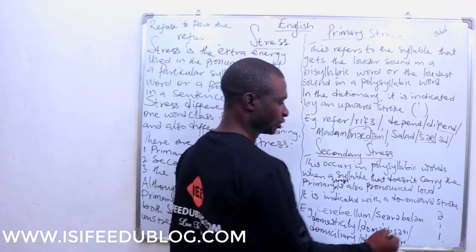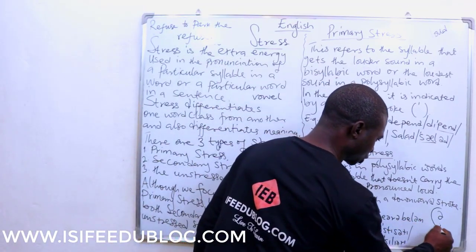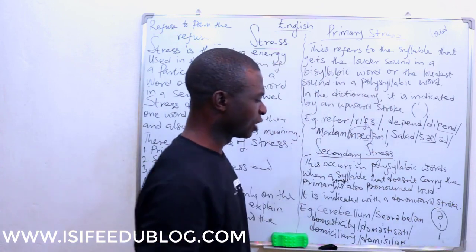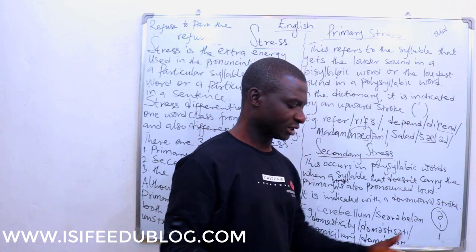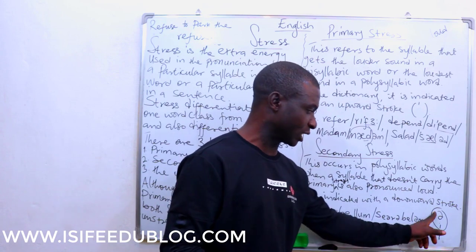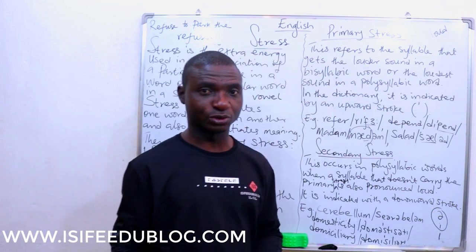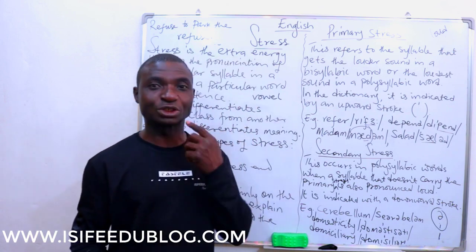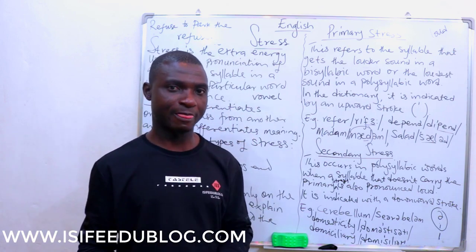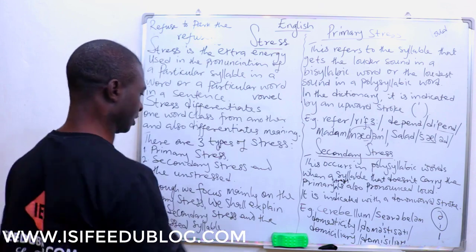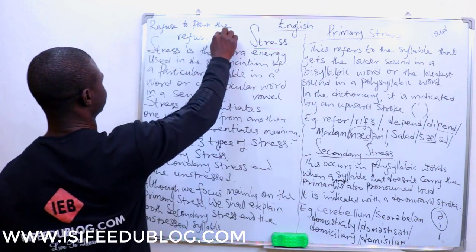What I mean is that these two sounds, the schwa sound and the weak E, are used to indicate unstressed syllables. Let's look at what I mean.